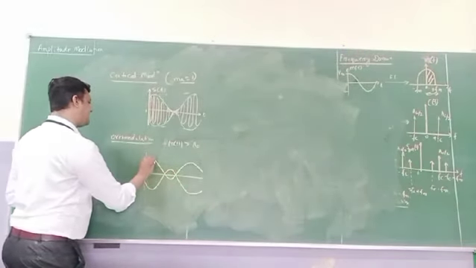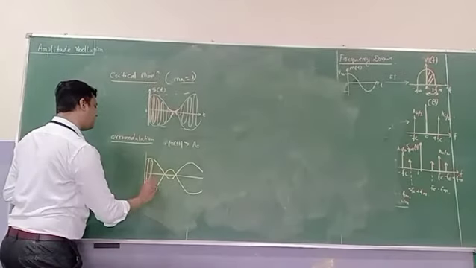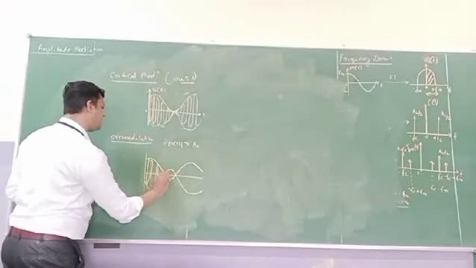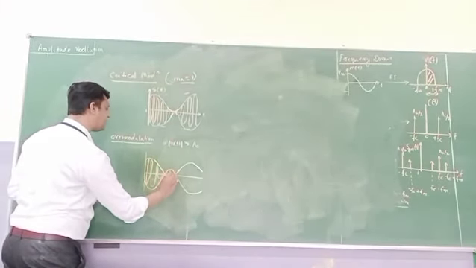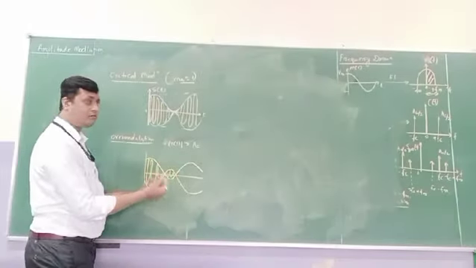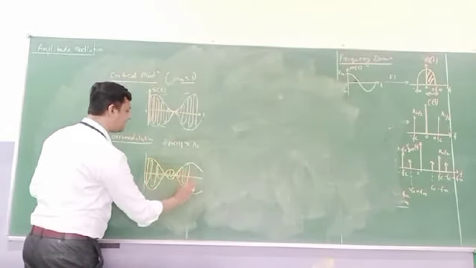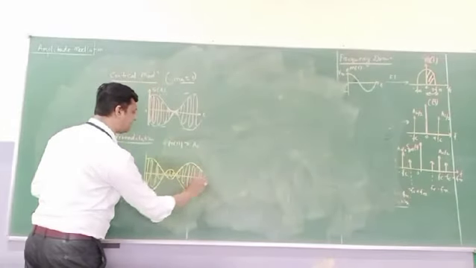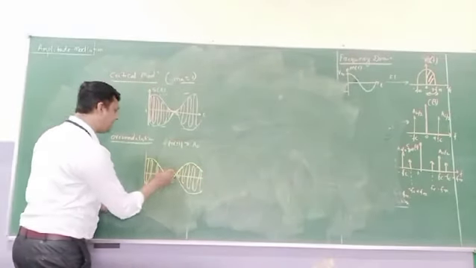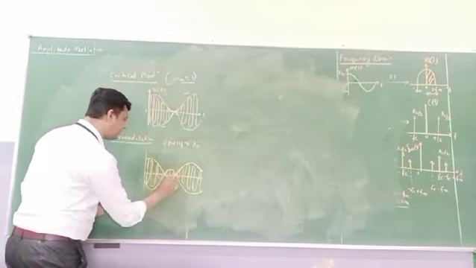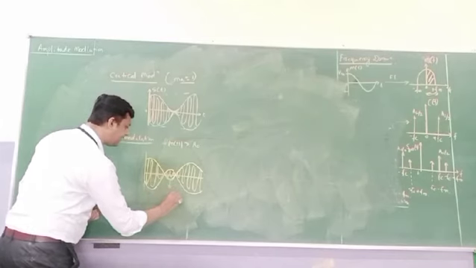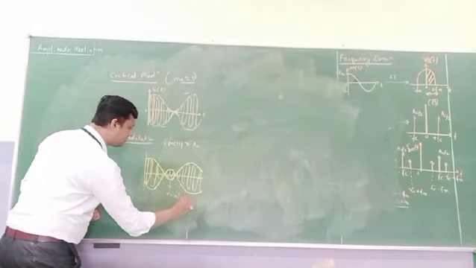The carrier is available at this particular point, but here what happens? Phase change, but the frequency also remains constant, only the phase changes. If the phase changes, it will create noise. So this particular part is called envelope distortion.